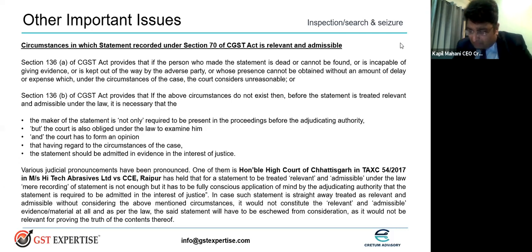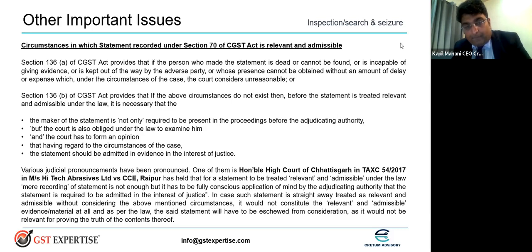It is mentioned that a statement made and signed by a person, or appearance in response to any summon issued under section 70 during the course of any inquiry or proceeding under this Act, shall be relevant for the purpose of proving in any prosecution under this Act.